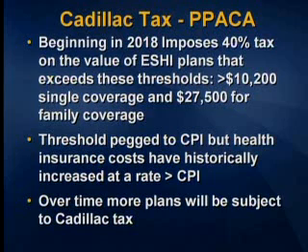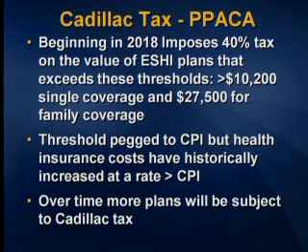You can't get out of a 40% excise tax. So if you provided a plan that was worth $14,000, say, you'd pay 40% of $3,800 to the federal government. So the idea is most companies are going to say, well, we don't want to have plans that go beyond those values.